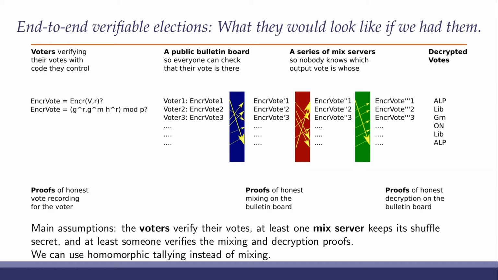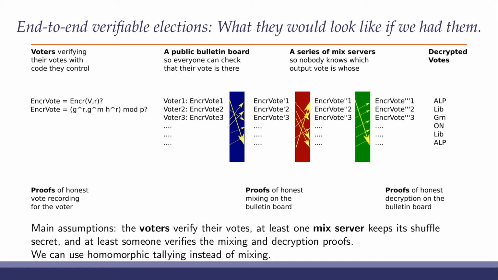So here's a generic picture of what an end-to-end verifiable internet voting system might look like. On the far left side, we've got voters verifying their votes with code that they control and can choose.